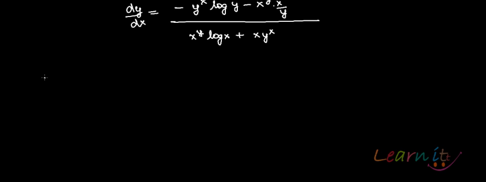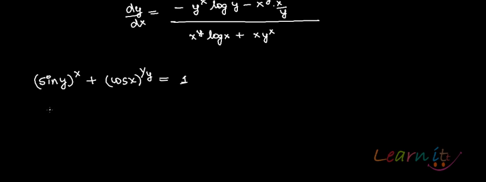Suppose you have an equation like sine y to the power x plus cos x to the power 1 by y equals 1. This is an equation you have to differentiate.